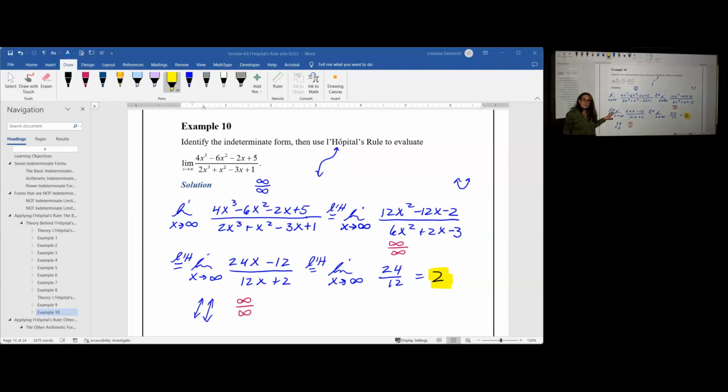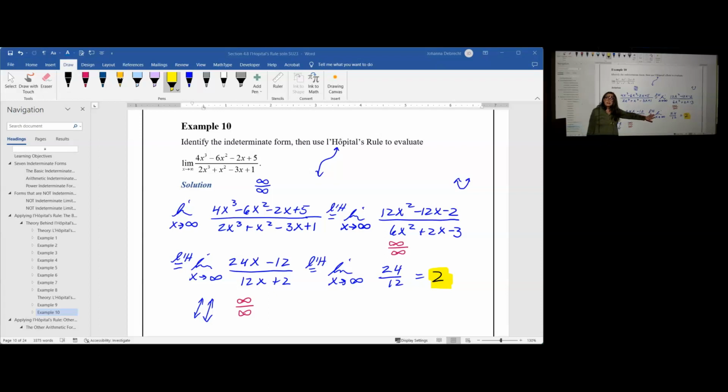So we apply L'Hopital's rule again, obtaining two linear functions. But these linear functions have positive slope, which means that they're slanted uphill. As x goes to positive infinity to the right, both lines go to positive infinity. So we have infinity divided by infinity again.